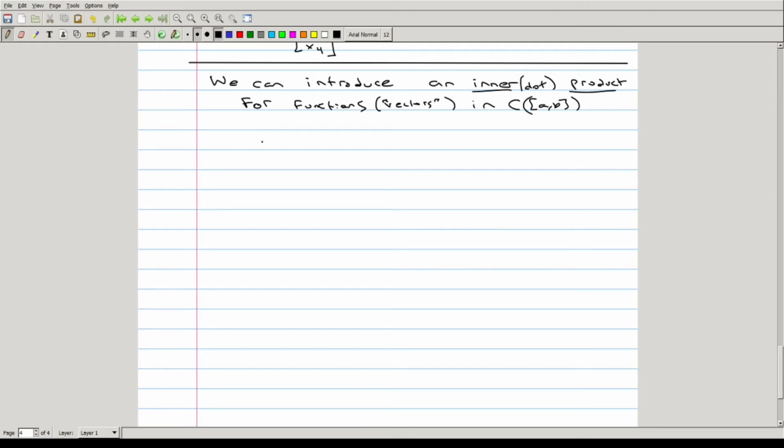Is it the inner product or dot product? There's a number of different notations for this. We have f comma g right here. And this is assuming that f and g are both vectors or functions in the vector space of continuous functions.